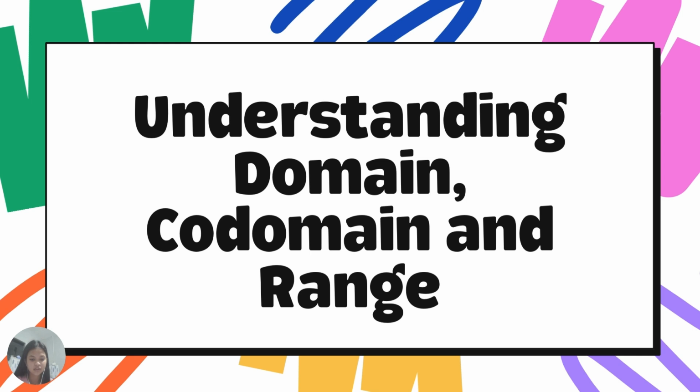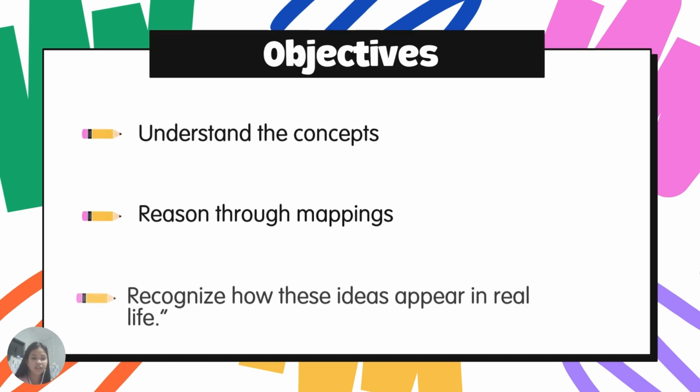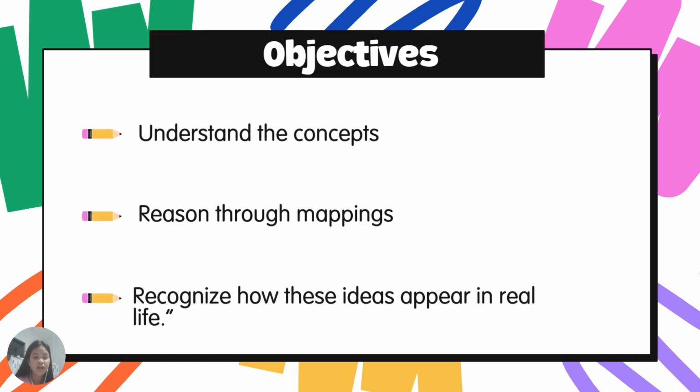Okay, so hi everyone. Now that we know our concept, let us have our three main goals. Our goals for today are to understand the concept, to reason through mappings, and to recognize how these ideas appear in real life.